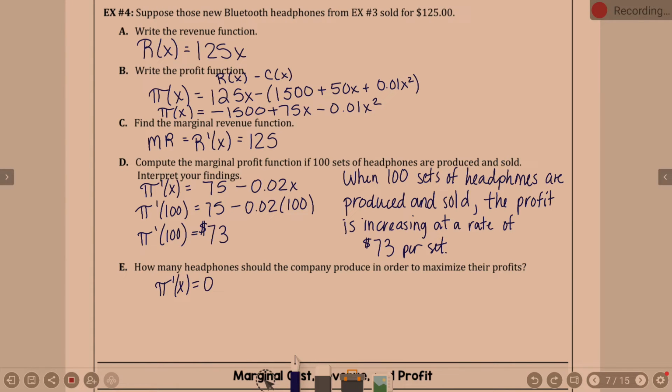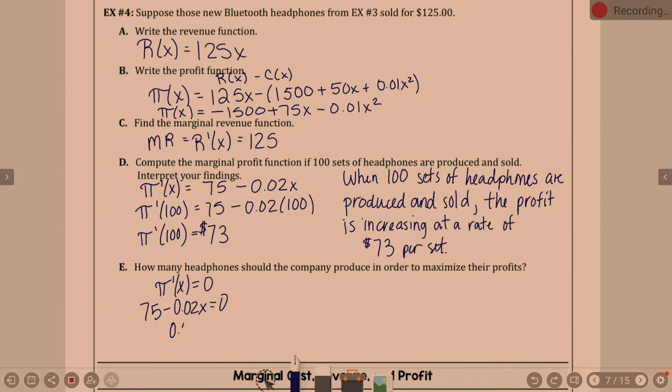Well, I guess I don't want to use that example, but if we want to know, in order to max profits, you look at when does the derivative equal 0. Okay, so we're going to look at pi prime of x equals 0. My derivative was 75 minus 200x equals 0.